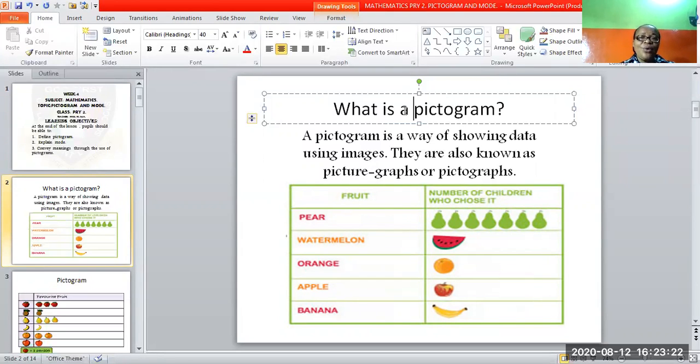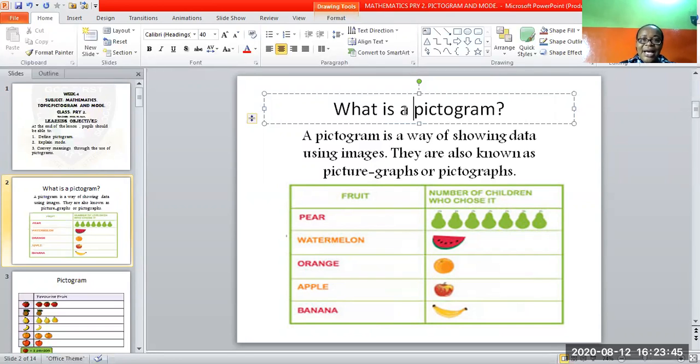And when you hear the word pictogram, you should know we are saying pictographs. All these words, pictogram, pictographs, and pictograms, are the same. Same use, same application. Is that taken?